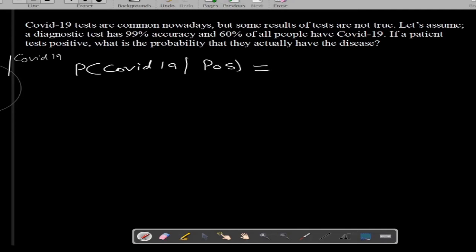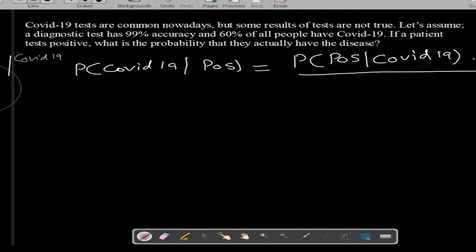According to the Bayes theorem, it is equal to the probability of a positive test given that the patient has COVID-19 times the probability of COVID-19 divided by probability of a positive test. Now let us find these quantities.